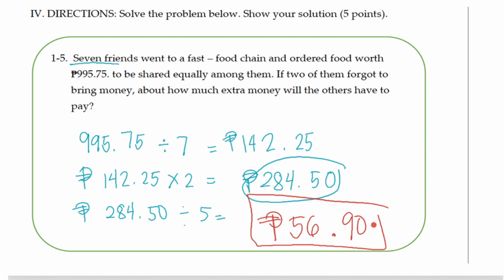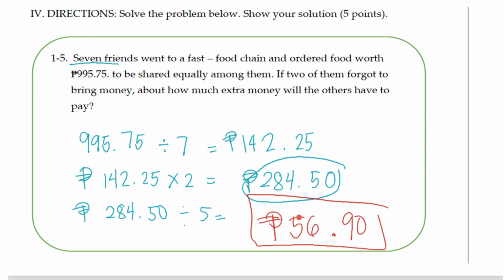So, ito yung idadagdag nila doon sa paghahatian nila. So, kung dapat 142 peso and 25 cents lang, madadagdagan nito. So, ibig sabihin nun, next time, dapat yung ibang mga friends nila na yun, magbe-bring na ng money para hindi na mag-share yung iba.